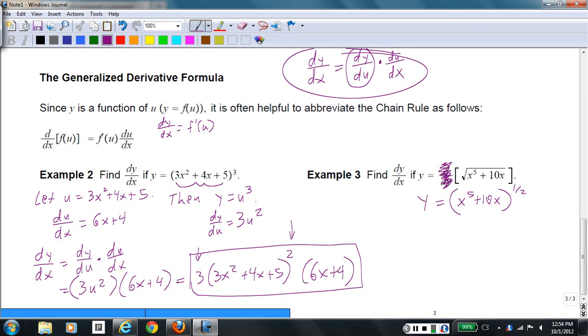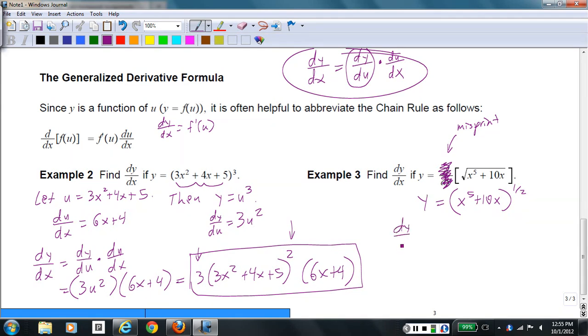So we look at it and we ask ourselves, how do we take the derivative of something raised to the 1/2 power? Well, it's the power rule. It's 1/2 times that expression raised to the negative 1/2, we subtract 1 from the 1/2, times the derivative of that expression.